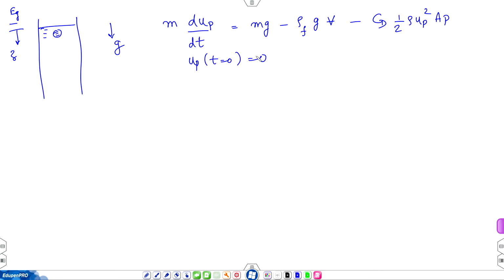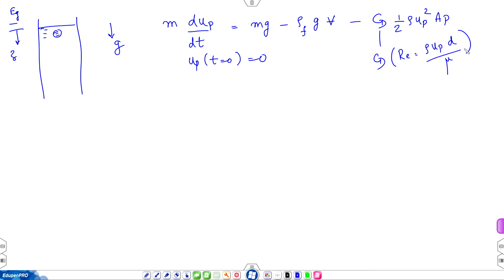So, this is a differential equation, where C d is a function of R e, and R e is rho u p diameter over mu. So, you can see that u p appears as u p square, it appears through C d, and then you have to integrate this differential equation.